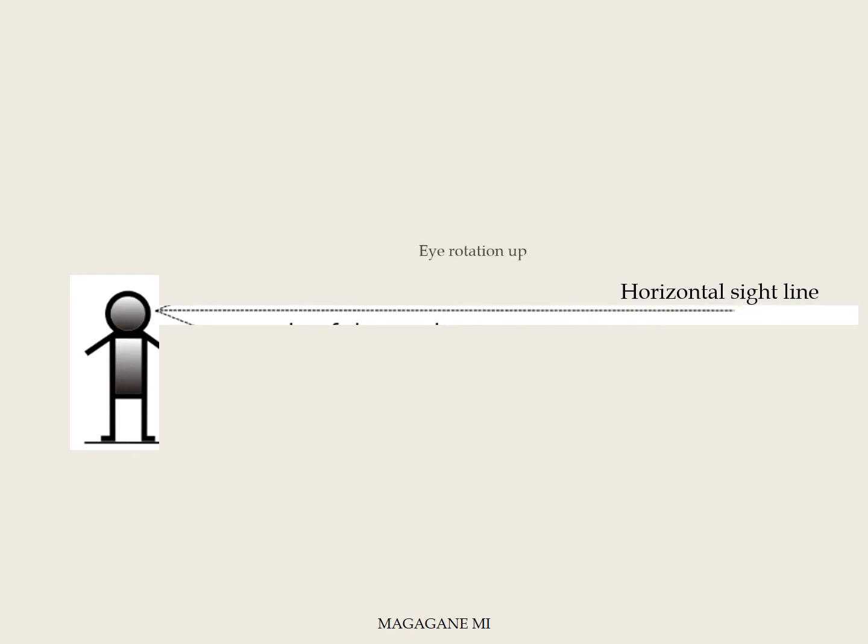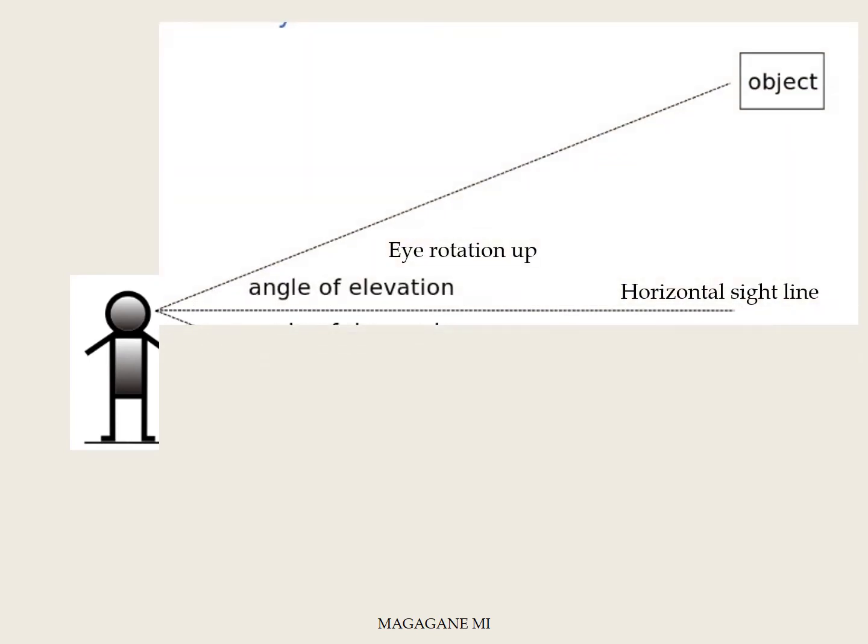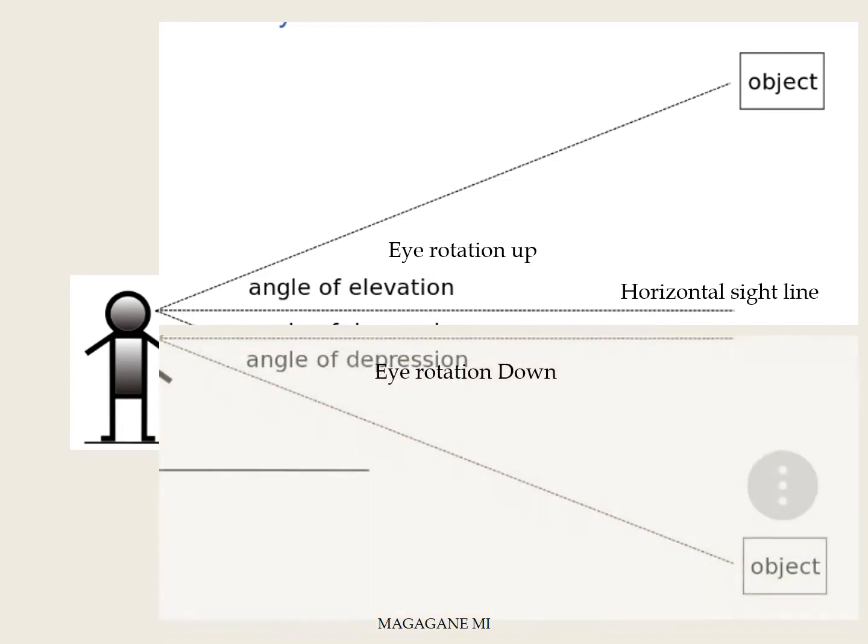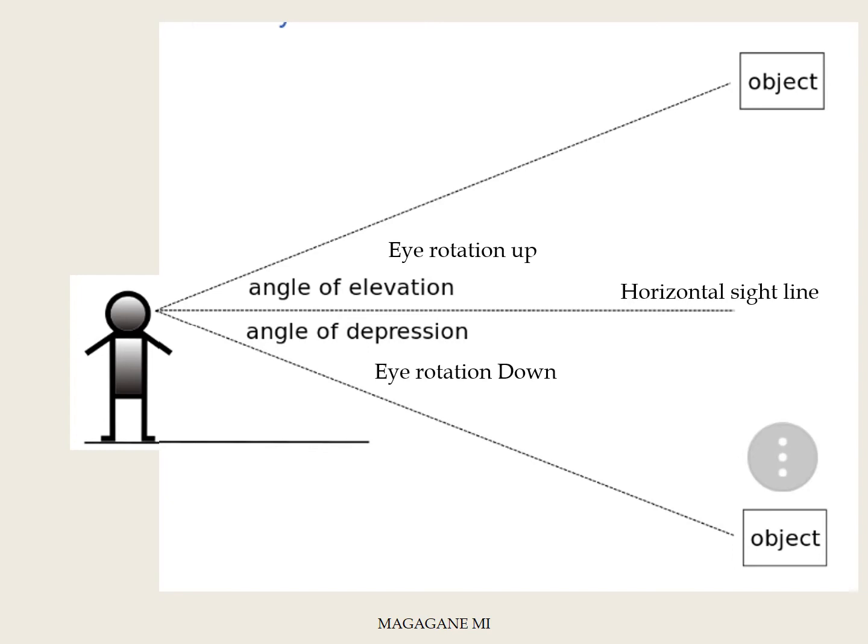It is also important to remember our angle of elevation and depression. The horizontal side is when you're looking straight. When your eye rotates up, it forms angle of elevation. And when your eye rotates down, it forms angle of depression.